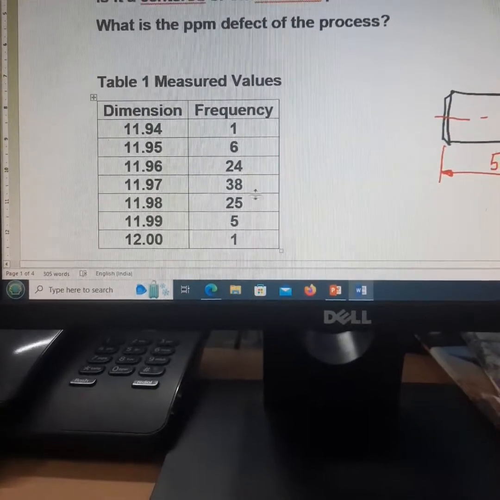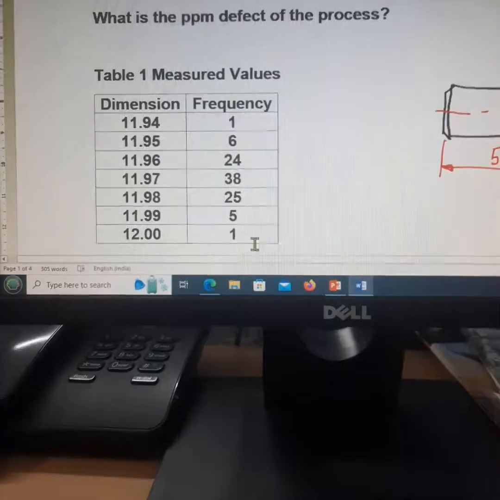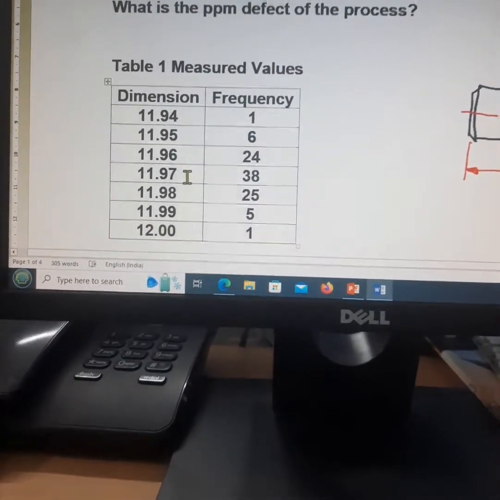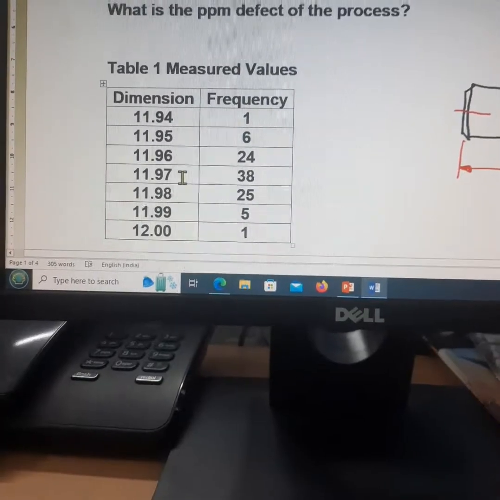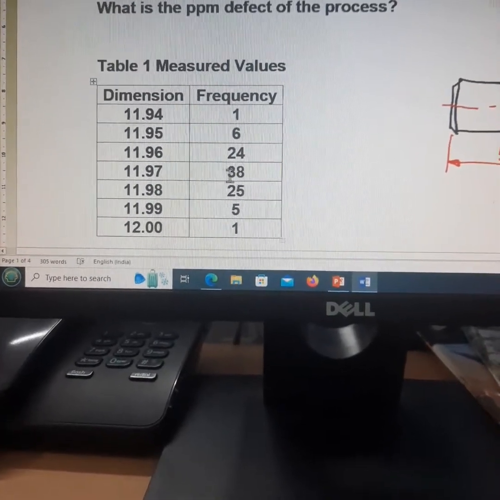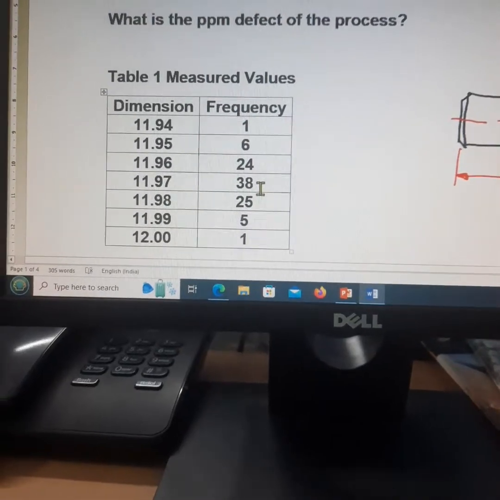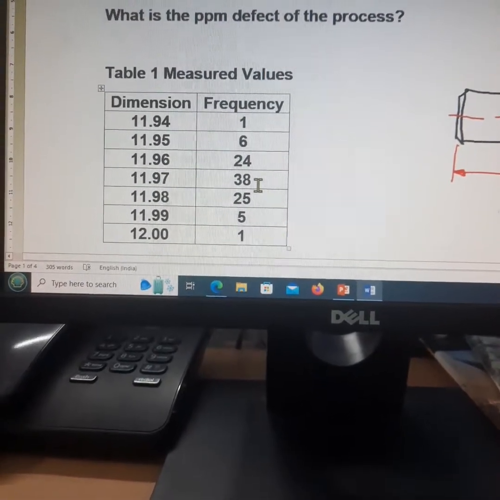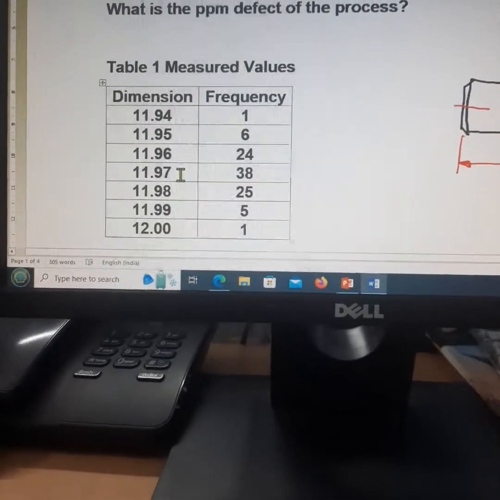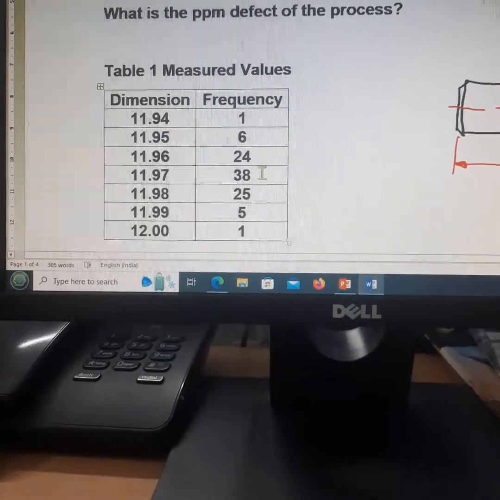If you sum up all these frequencies, it will come to 100. The maximum number of components records a value of 11.97. So 38 components have a diameter of 11.97 measured by the measuring instrument.